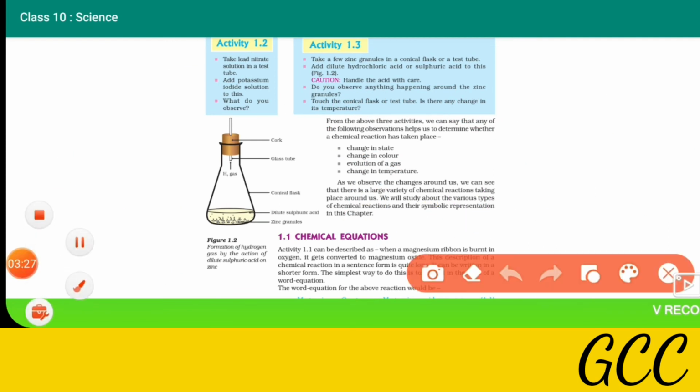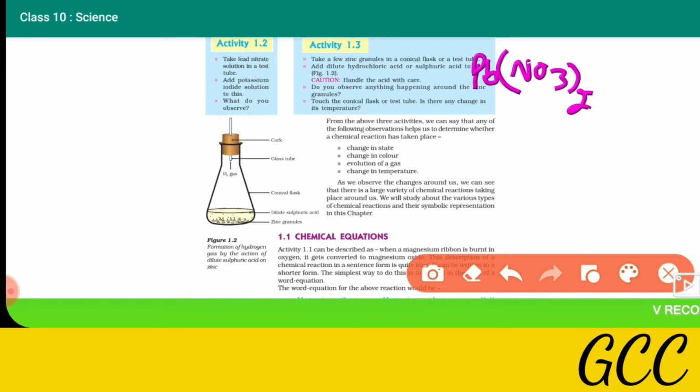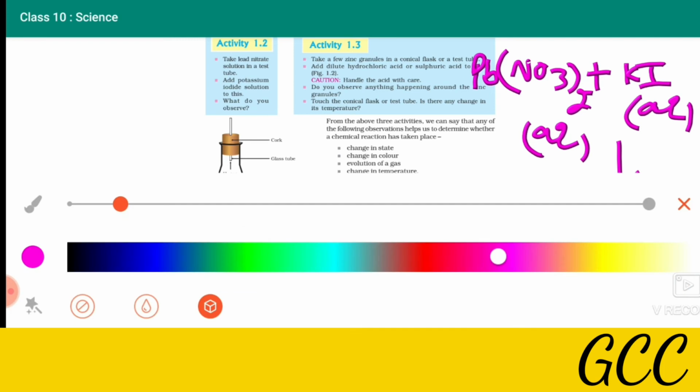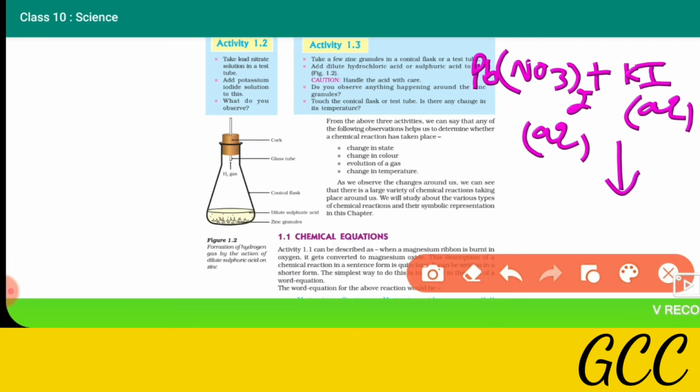Okay, you must see there, all of you. Here I am writing Pb(NO3)2 (aq), aqueous, plus potassium iodide (aq), aqueous. What is the meaning of aqueous solution? When a solid substance is dissolved in a given solvent, then an aqueous solution is formed.